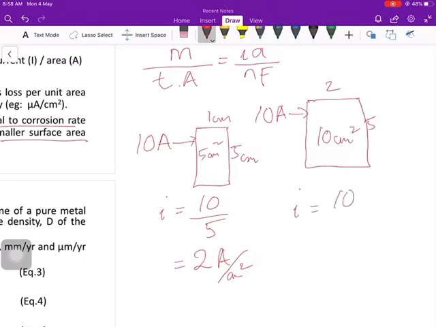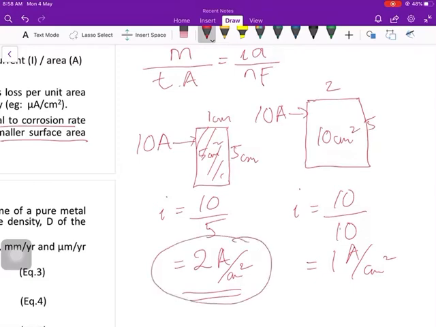But for this larger specimen, I is 10, the same current value flowing through this larger specimen, and you divide by the area, ending up with 1 ampere per cm square. This shows that the smaller specimen is doubly attacked by the current.